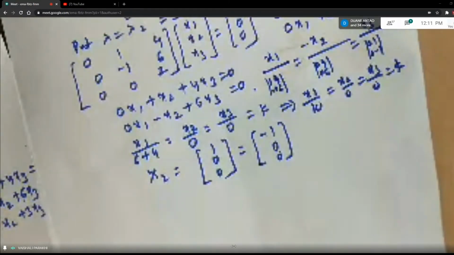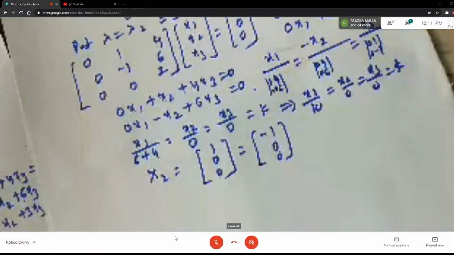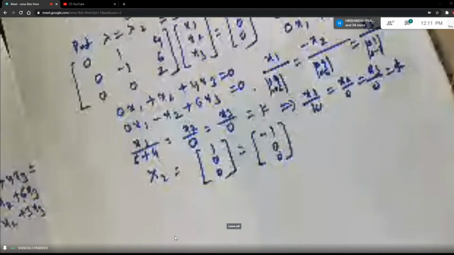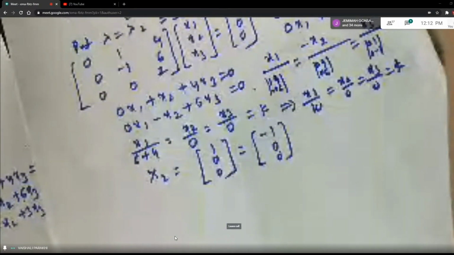Okay, Deval is getting the same. Deval, which two equations have you taken? First and third. Very good. Has anybody tried second and third? You will get the same eigenvector. Okay, so it is your choice.